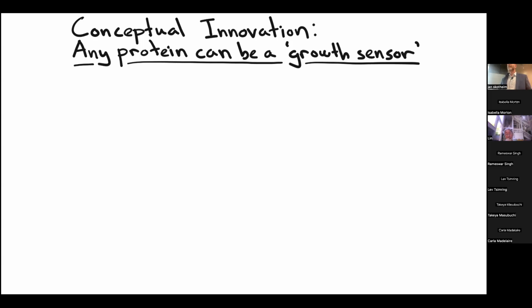So basically, we were thinking cells are getting bigger, they have more of different proteins. We were stuck on trying to understand how we generate a size-dependent increase in some activity, some activator. And it took us a long time to come around to the idea that really any protein can be a growth sensor. It doesn't have to be an activator.